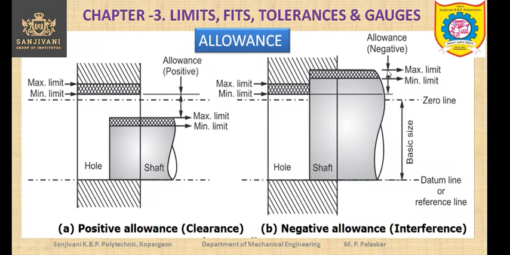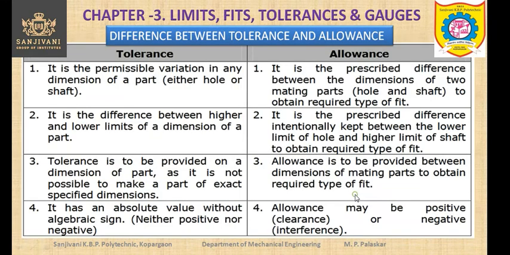So the negative allowance is defined as the difference between the maximum diameter of the shaft and the minimum diameter of the hole, or the difference between the maximum limit of the shaft and the minimum limit of the hole. So that is nothing but the negative allowance or interference. Let us try to study the difference between tolerance and allowance.